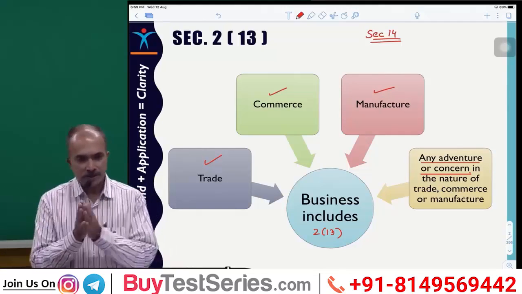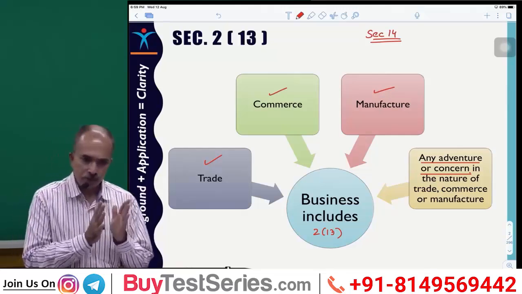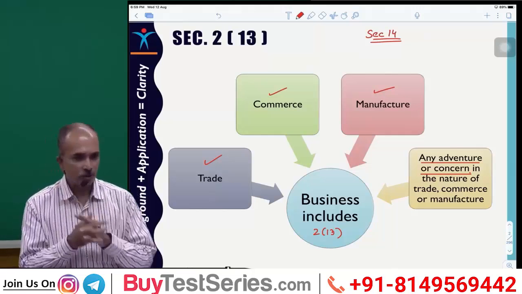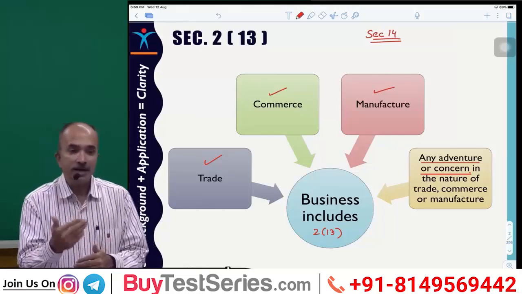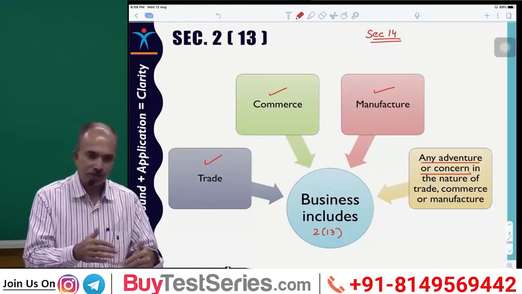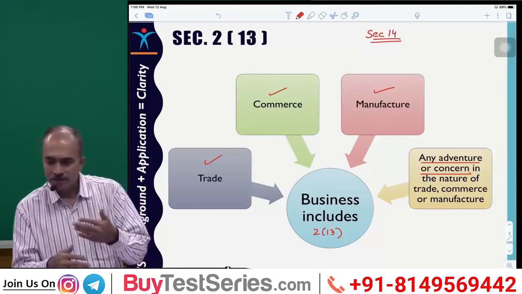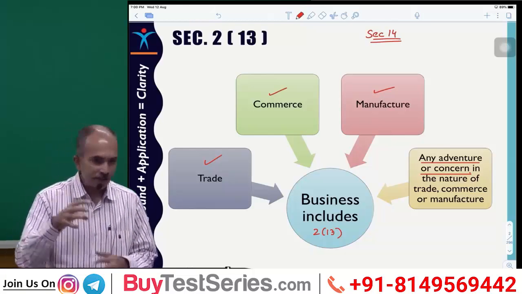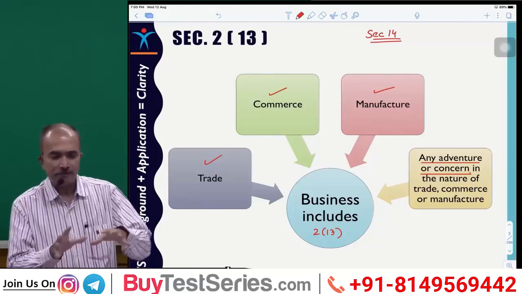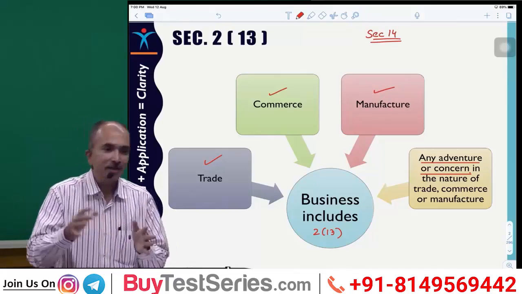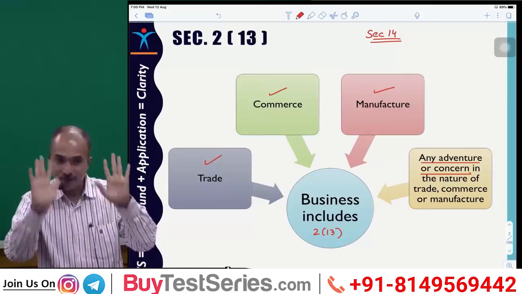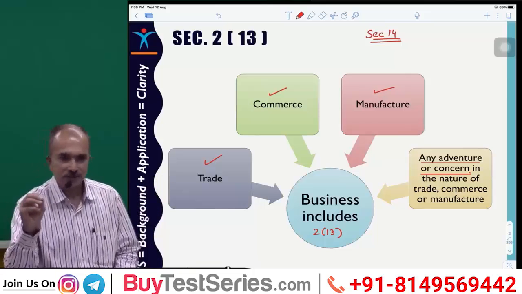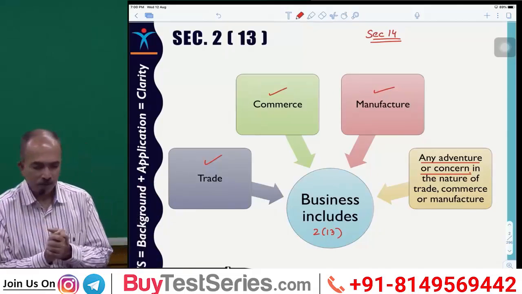What is the general understanding? When I do a business, what is the assumption? There is a certain place from where I do business. There is a regularity, there is a repetition. For example, I'm giving services or I'm selling goods, but I'm doing this on a regular basis. There is an intention to earn profit, and some certainty that this is going to repeat. That is the typical understanding. Maybe I have a shop, an office, a warehouse from where I do business.